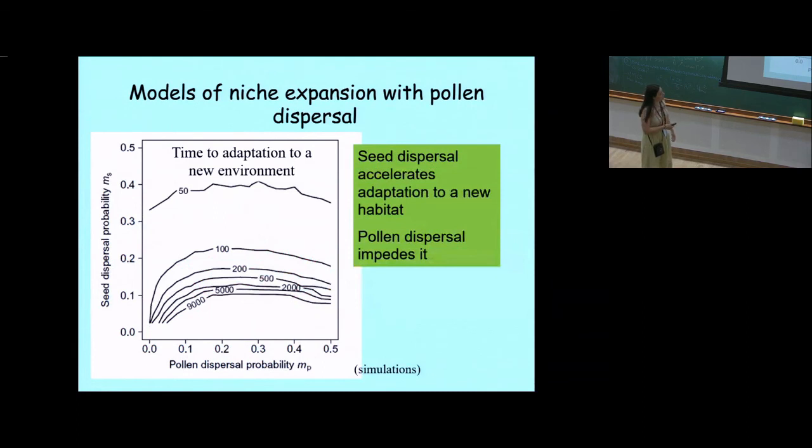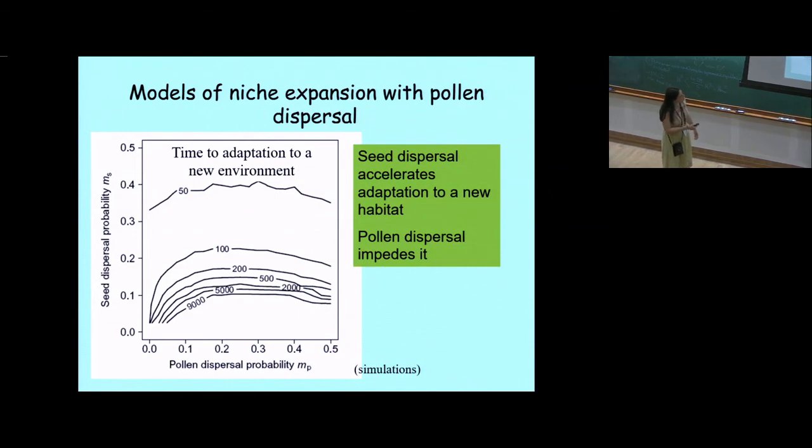And that's what we saw also in the simulation. It was completely consistent with our analytical predictions qualitatively. If you look at the time you need to adapt to a new environment, so those are the isoclines, here you need 50 generations to adapt to the environment. Here you need 9,000 generations to adapt to this new environment.